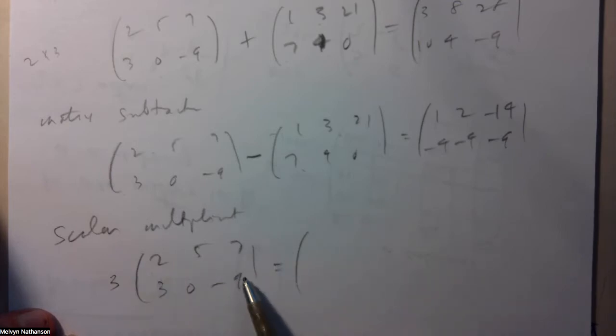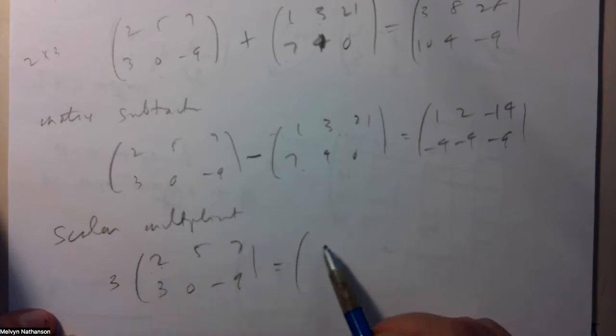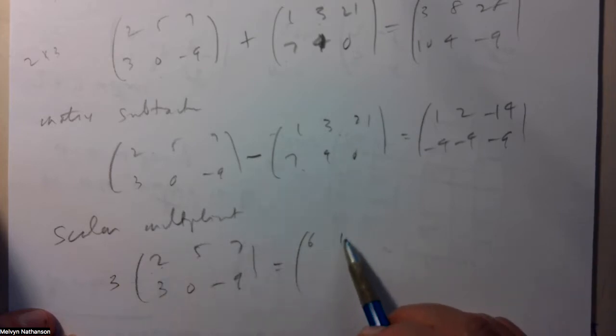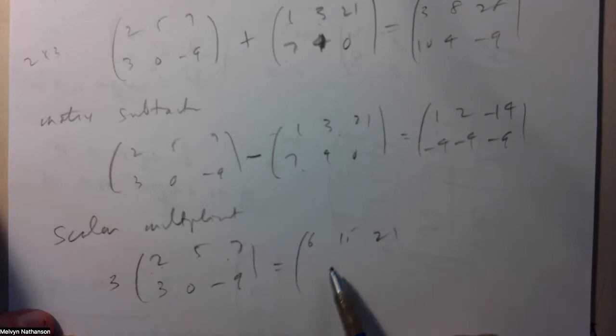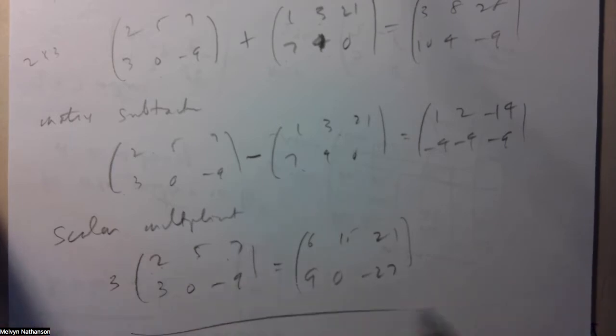So if I multiply this matrix by 3, 3 times 2 is 6, 3 5s are 15, 3 7s are 21, 3 3s are 9, 3 times 0 is 0, 3 times minus 9 is minus 27. So that's the simple algebra of matrices.